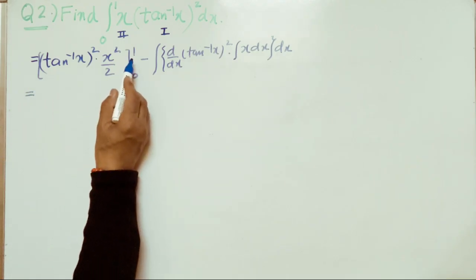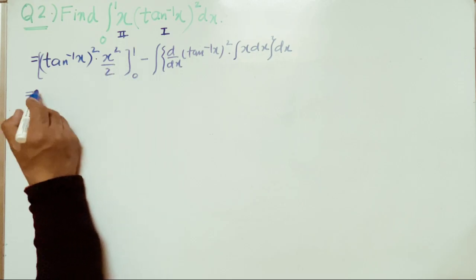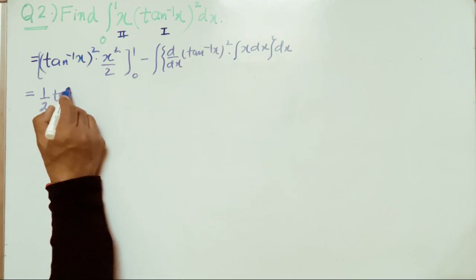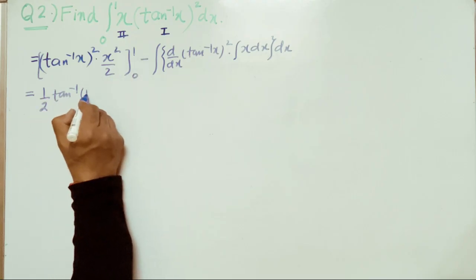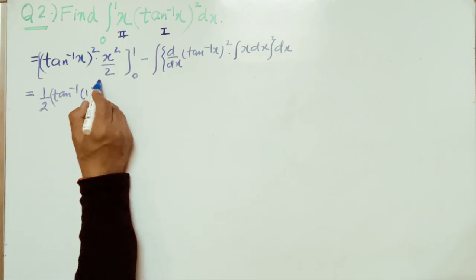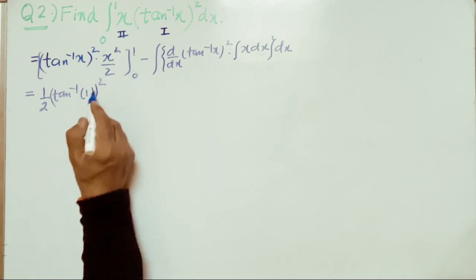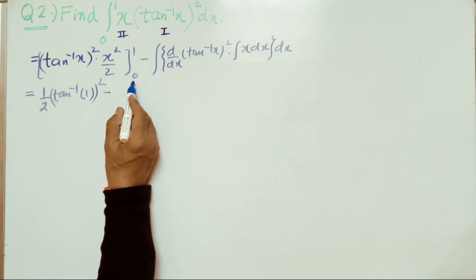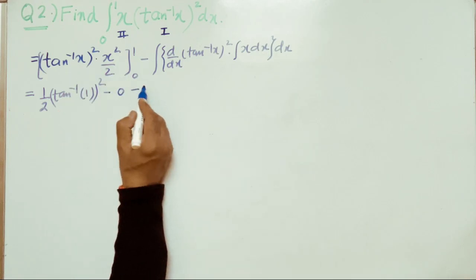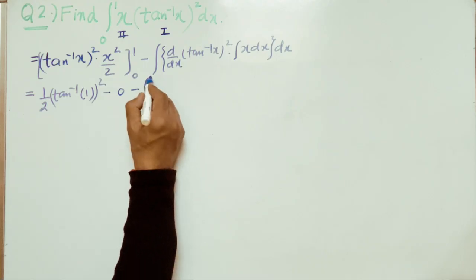So here we'll put the upper limit first. So it will become 1 square, that is 1 upon 2, and tan inverse, in place of x first we'll put 1, whole square. So first we have put the upper limit, minus the lower limit, 0. So when we put 0 here, this whole thing will become 0, minus limit is from 0 to 1.